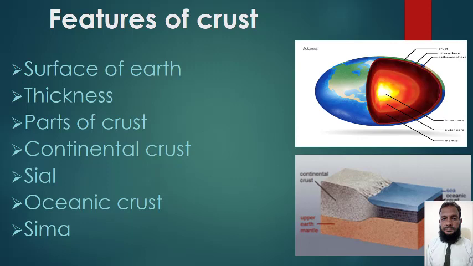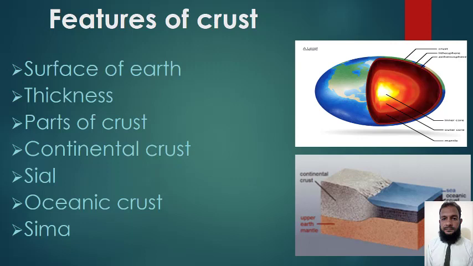In one place it is more thick, and another place it is less thick. The uppermost and less thick sphere of Earth is known as crust. Its thickness is between 8 to 40 kilometers.